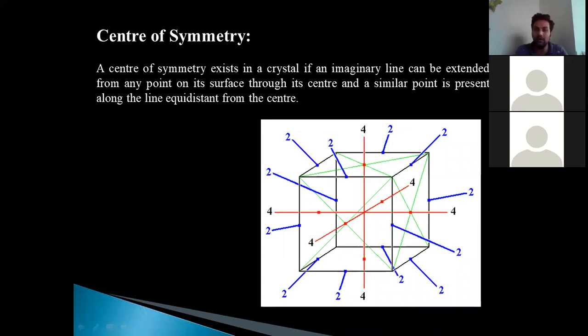Whereas the rest of the crystal systems, like isometric, tetragonal, orthorhombic, monoclinic, and hexagonal, all have axis of symmetry, center of symmetry, and planes of symmetry. Only the triclinic system does not possess any axis or plane of symmetry, but has only a center of symmetry.